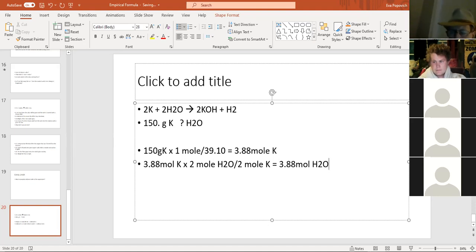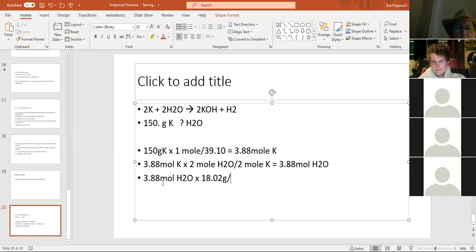All right. What did I say we did for our last step? We want grams of water. 3.88 moles of H2O times the molecular weight over 1 mole.